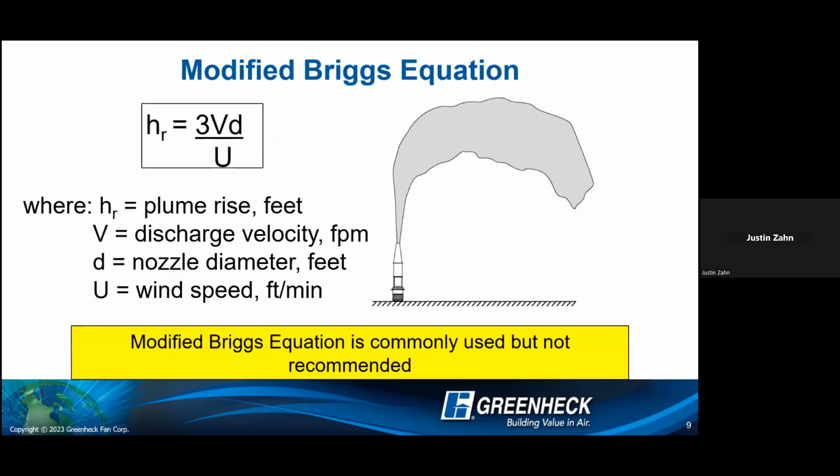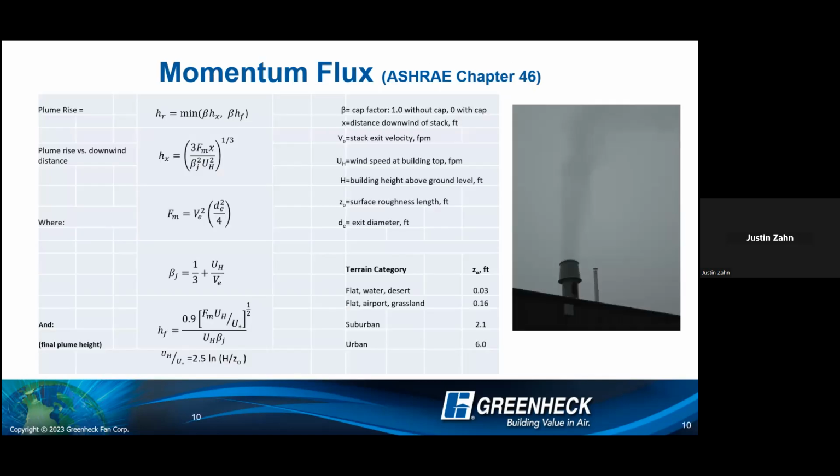So really quick, what I'm going to touch on is just the two different ways to calculate your plume height. The first way, the simplified way to calculate plume height, is through a modified Briggs equation. This is the equation that was previously used in the industry, not so much anymore, just because it's not nearly as accurate as your momentum flux equation.